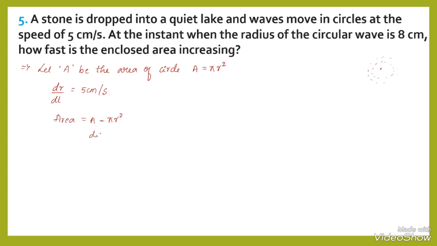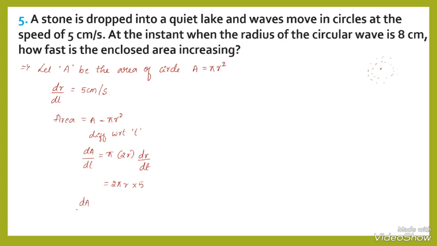So I can differentiate with respect to t. That is dA by dt. Differentiation of r square will be 2r, with respect to t only, that's why I'm taking dr by dt. Now 2 pi r. What is the value of dr by dt? That is 5.